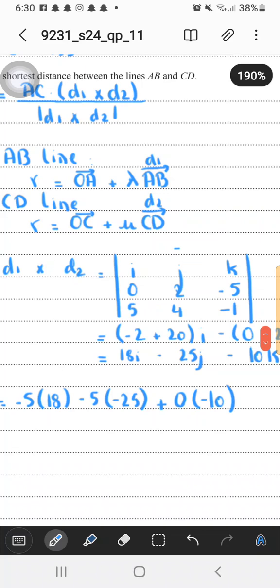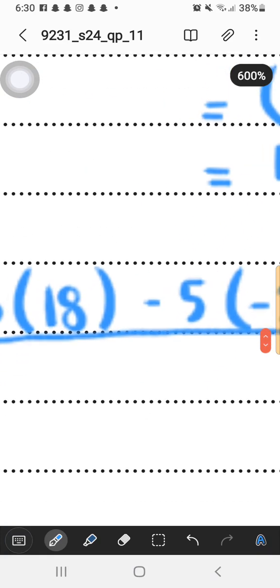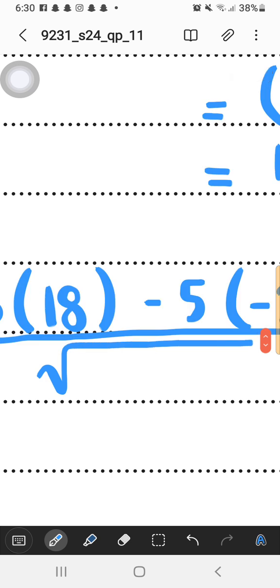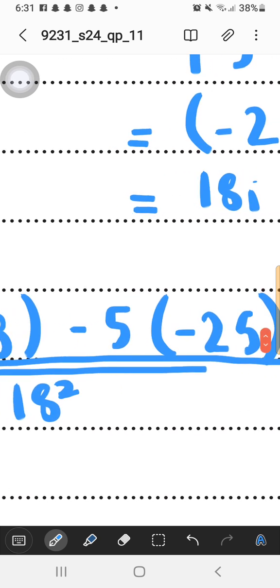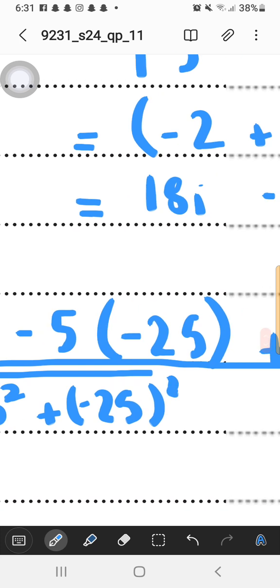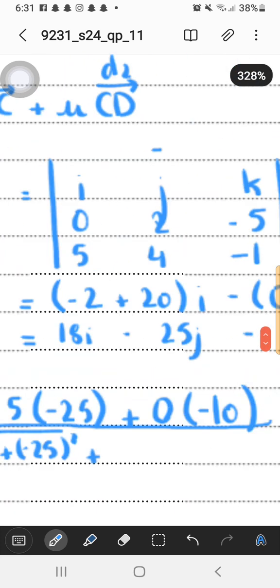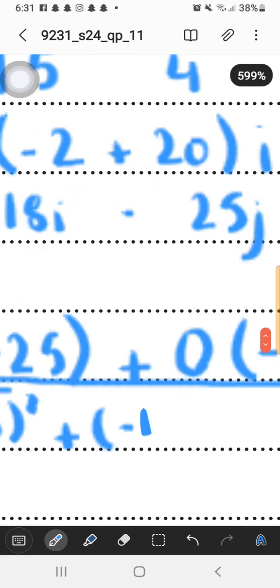Now we have to do the modulus of the direction D1 cross D2. It is 18 square plus minus 25 square plus minus 10 square.